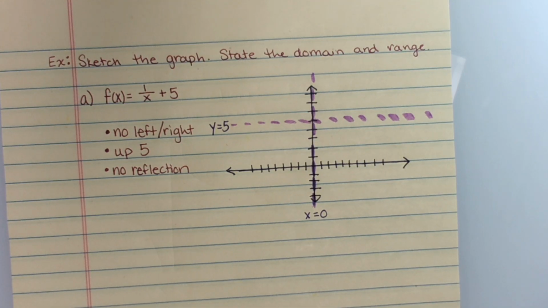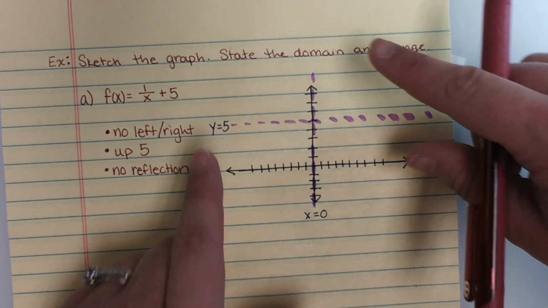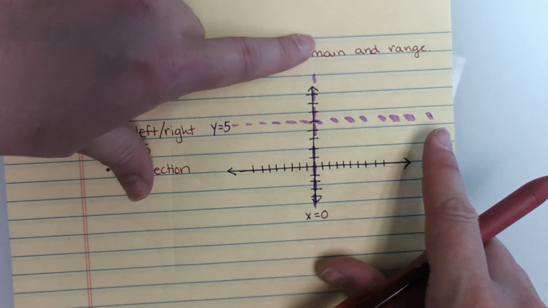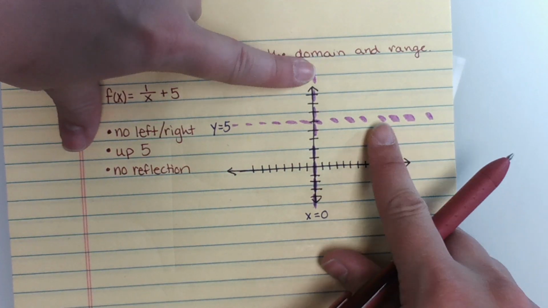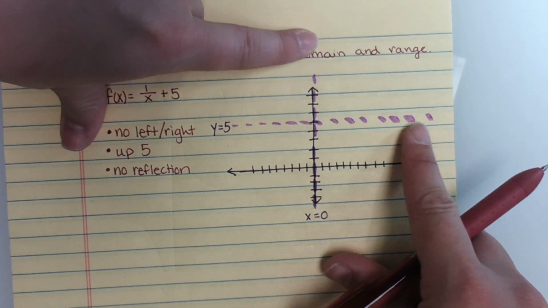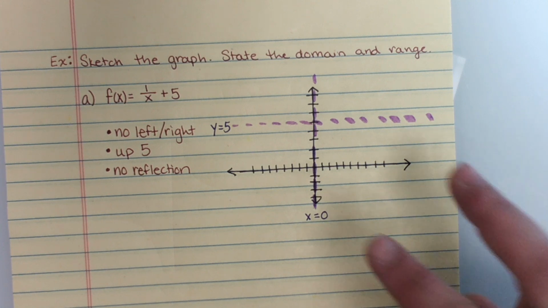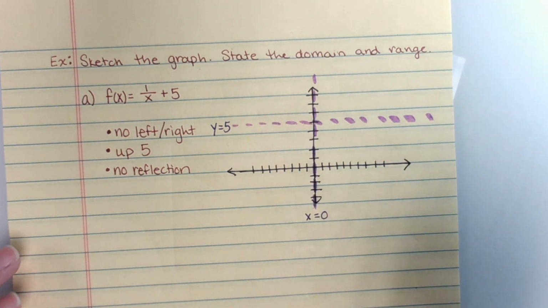To finish it off, I make the actual graph. The graphs are these arcs in opposite corners. Do I stick in these corners? Option 1. Or are they going to be in these corners? Option 2. There's no reflection, so it stays where it originally should.